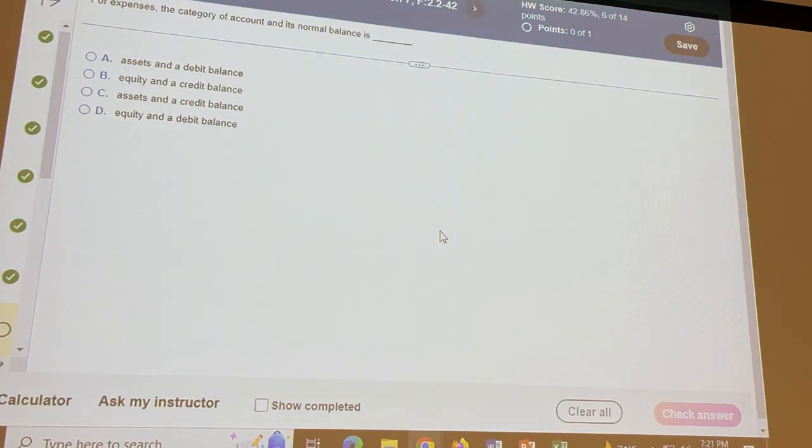Okay, for expenses, the category of account and its normal balance is... so here, we're not treating expenses as a separate category of account. We're saying what other category does it fall under or within?